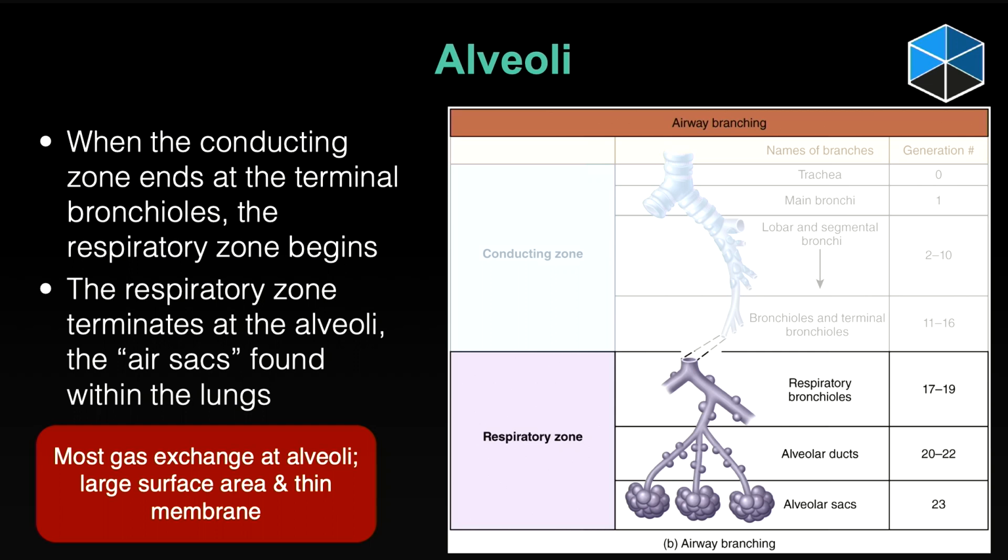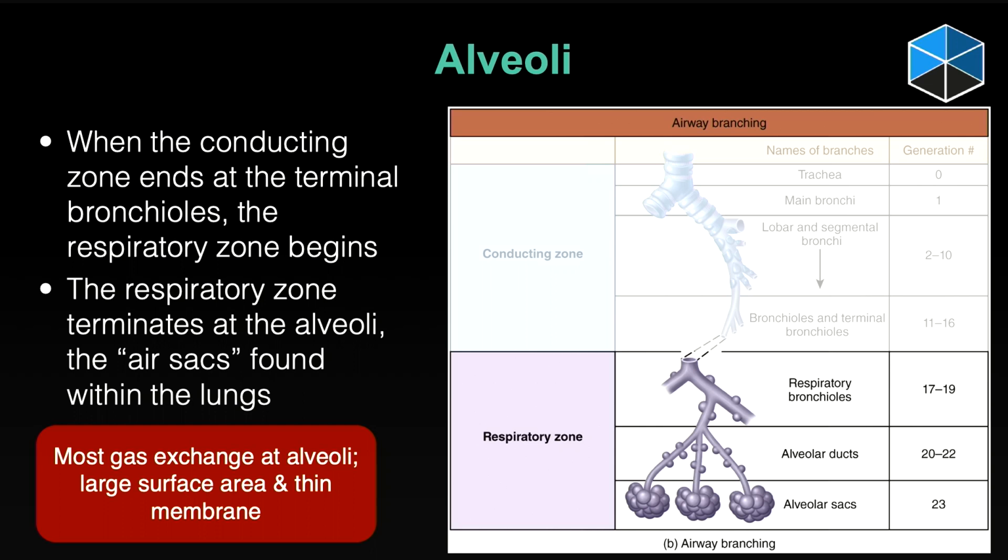That is the most opportunity for gas exchange. The largest number of sites for gas exchange. And they have the thinnest membranes, which means the least impediment to the movement of O2 and CO2.